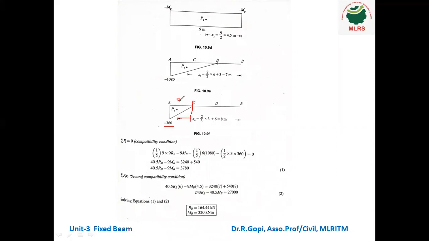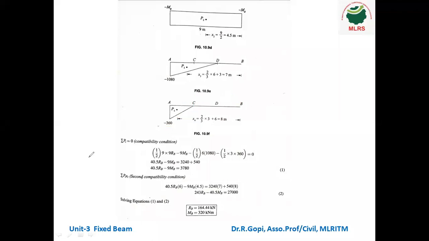This is 3 meter. 2/3 of 3 plus this additional length from B, which is 6 meter. Okay, 6 meter. So 2/3 of 3 plus 6 meter equal to 8 meter.